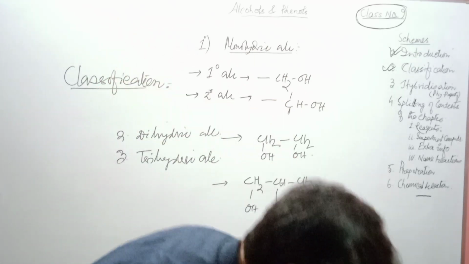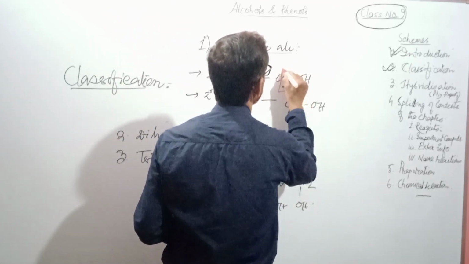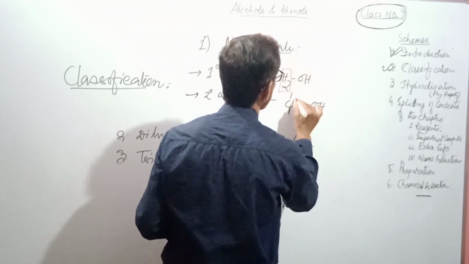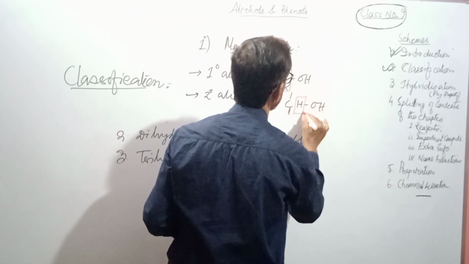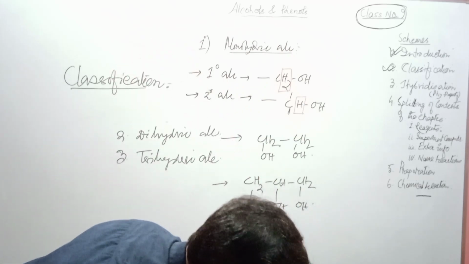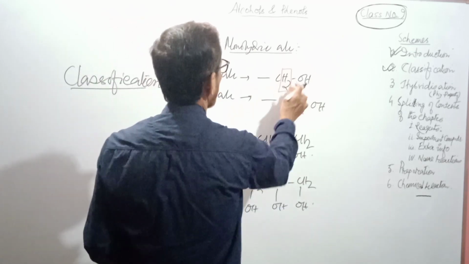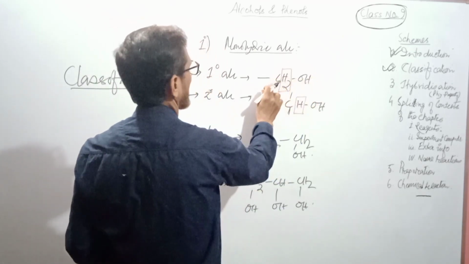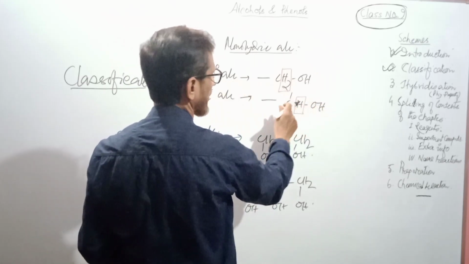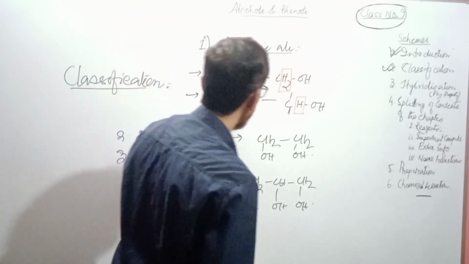2 degree. If OH is attached to the carbon which has two hydrogens, it is 1 degree alcohol. If OH is attached to the carbon which has only one hydrogen, it is called 2 degree alcohol.